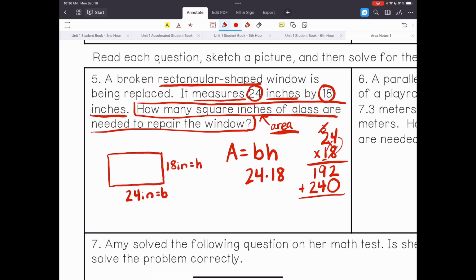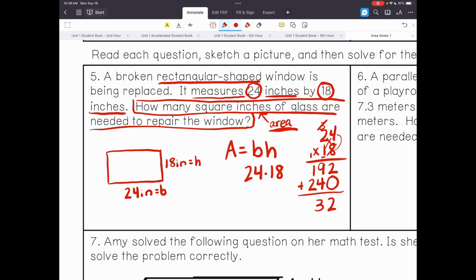Add the two partial products together. 2 plus 0, 2. 9 plus 4 is 13. Carry the 1. 2 plus 1 is 4. And this one did not have any decimals. So our answer actually is 432 inches squared is the amount of window we need to replace that.